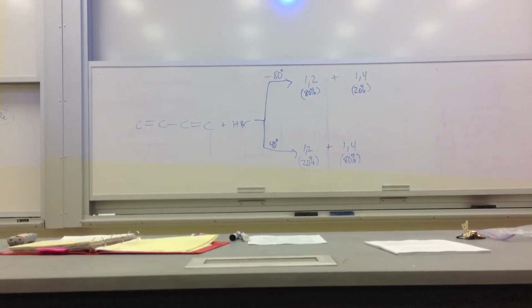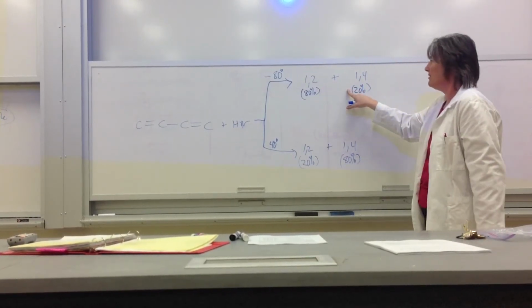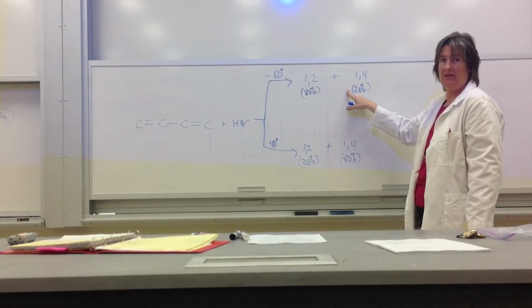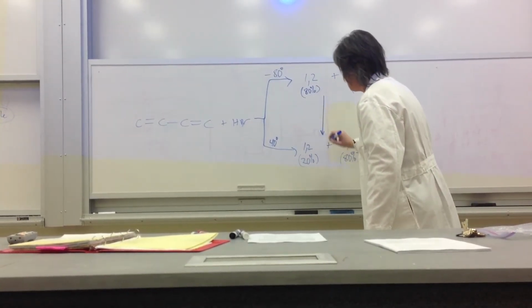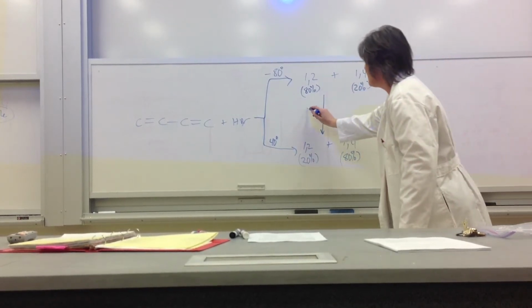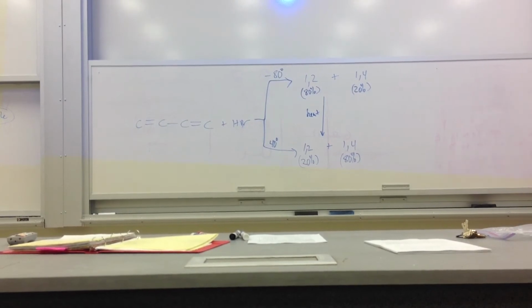That's a little weird. Then it gets even more fun. If you take the product ratio when you run it cold and you heat it up, you can go that way. So I'm going to heat it up, and I can turn it into the ratios if I had done it already.